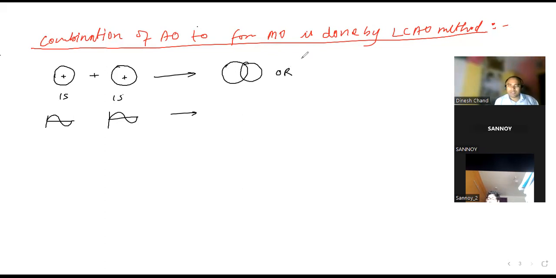There are many ways of representation. When the atomic orbitals combine, they form the molecular orbital, and at that time the identity of the atomic orbitals is lost. So here we can represent the 2 electrons this way, or there is one more way.